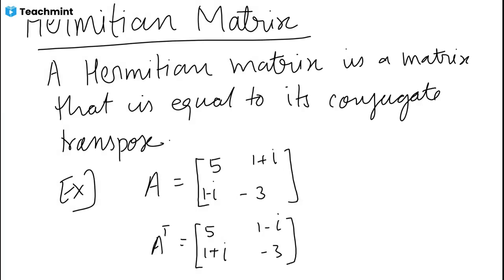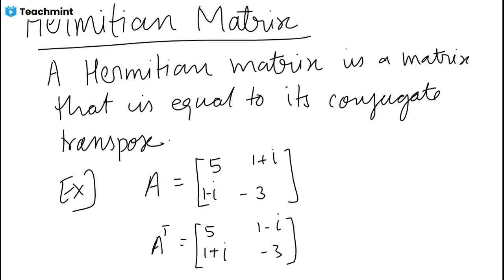So here we can see that matrix A is equal to its conjugate transpose, because we have the conjugate of 1 plus iota, which is 1 minus iota. Similarly we have 1 minus iota and its conjugate, here we have 1 plus iota. So are you getting these? You got it, or shall I explain again?